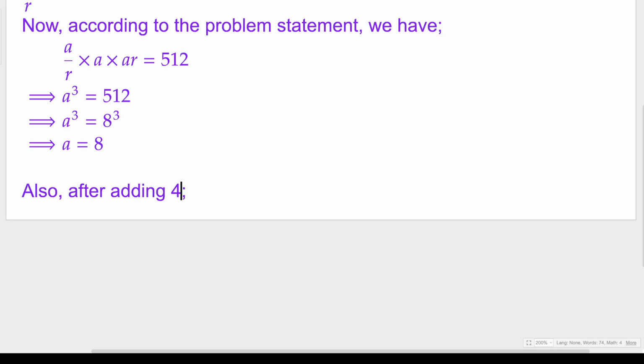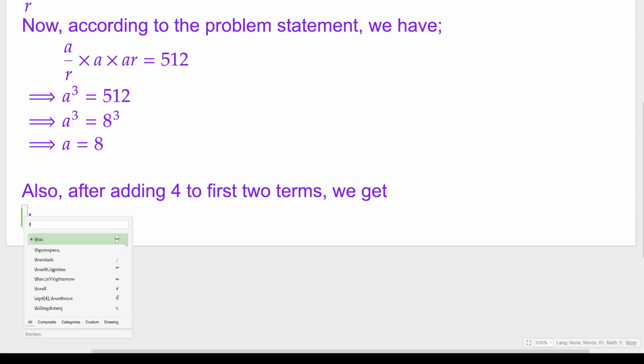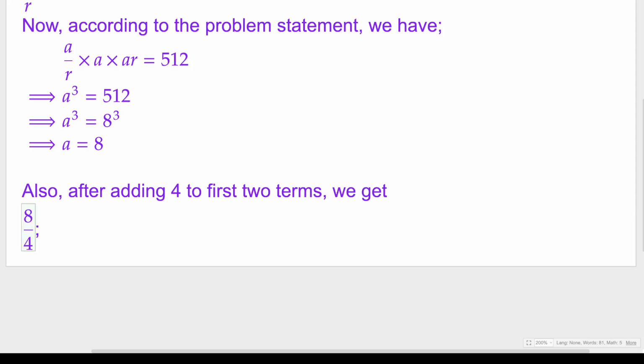After adding 4 to the first two terms, we get the terms 8 over r plus 4, then 8 plus 4, and then 8 times r, where r is the common ratio. These are in arithmetic progression.